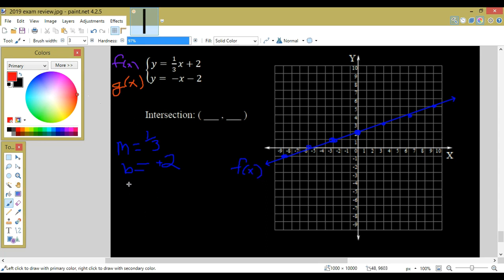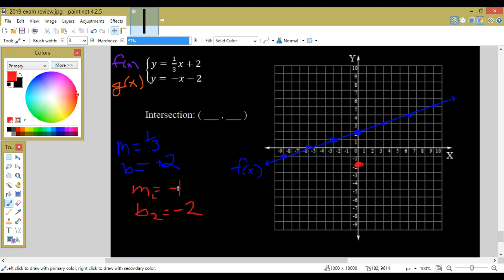Now let's do g of x. The slope for that one is negative 1. The b for that one is minus 2, so it went down 2. It's 2 below the x-axis. So let's plot that point.